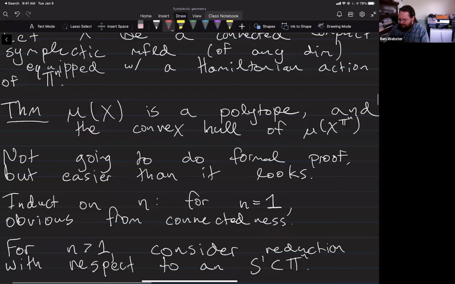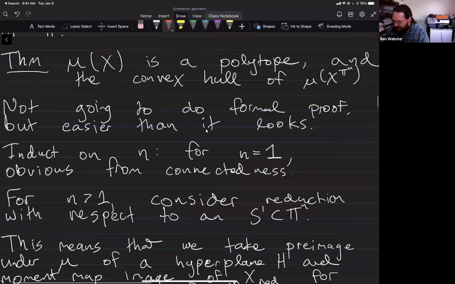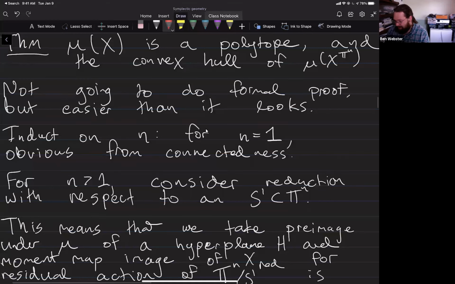Again, this is one of these facts that just sounds crazy, like, how do you check something like that? I'm not going to do a formal proof, but at least from my perspective, I think it's easier than it looks. You look at it and wonder how you would ever prove something like that, and it's not so bad to see the kernel of the idea. So the proof is by induction on n.